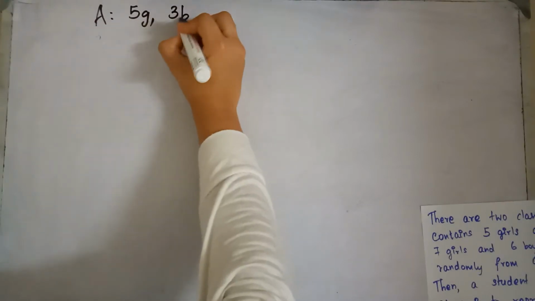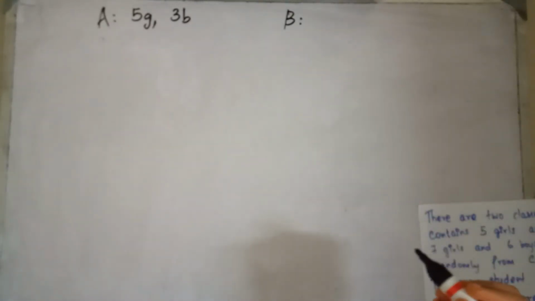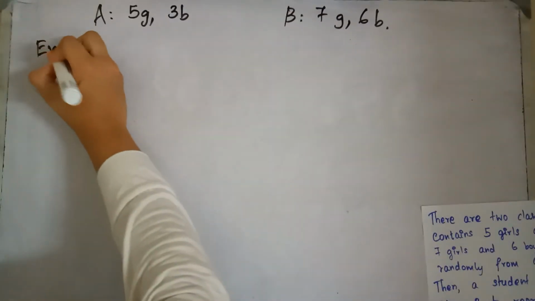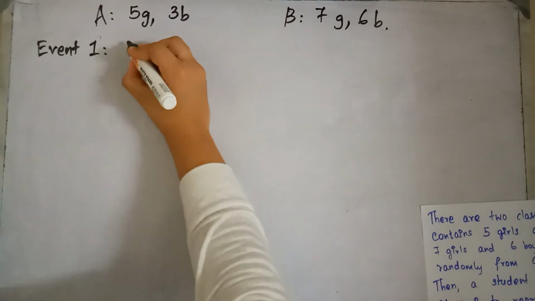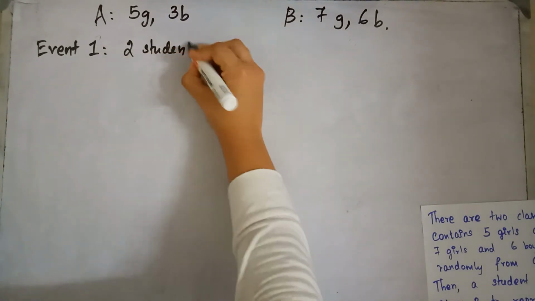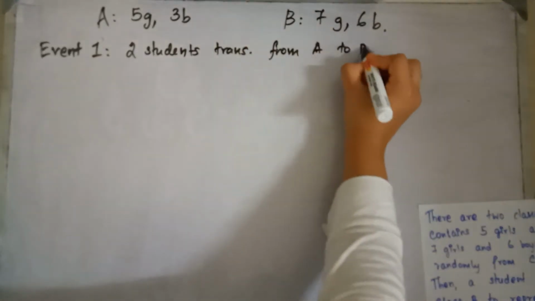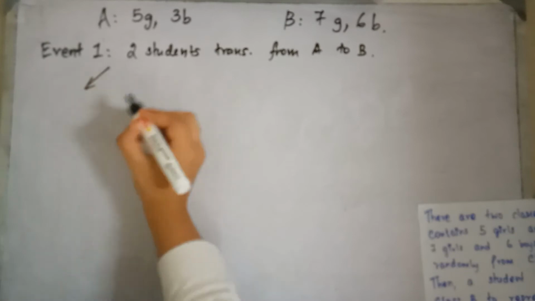Let's look at the number of girls and boys. In class A, there are 5 girls and 3 boys. In class B, there are 7 girls and 6 boys. Let's look at event 1. The first event that happens is 2 students are transferred from A to B. Now this particular event has 3 different possibilities.